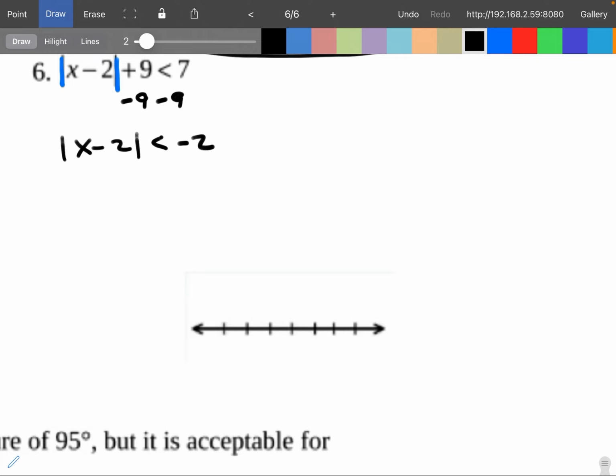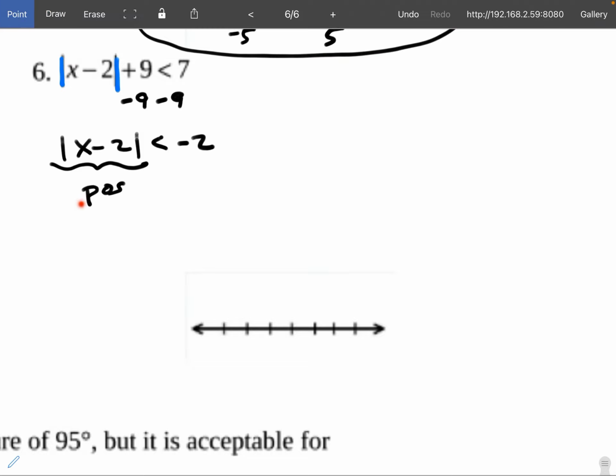So now we got the absolute value of x minus 2 is less than negative 2. The right-hand side would be 7 minus 9, which is negative 2. All right, so now we know there's something weird going on here, right? Because we got that negative on the right-hand side. And we know that this left-hand side is always going to be a positive because the absolute value of anything is always positive. And now look what this thing says.